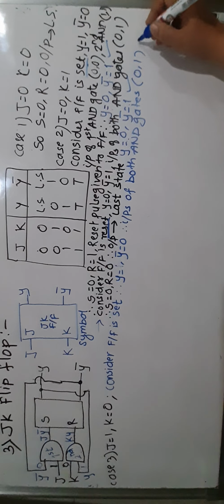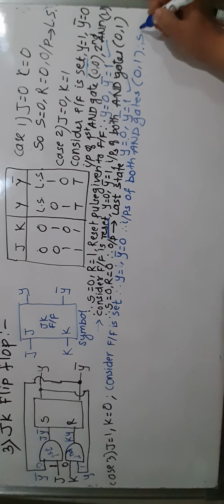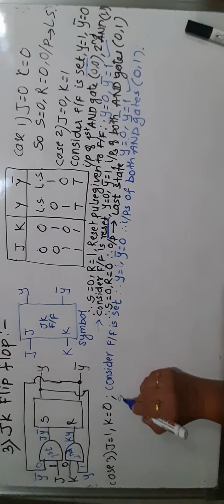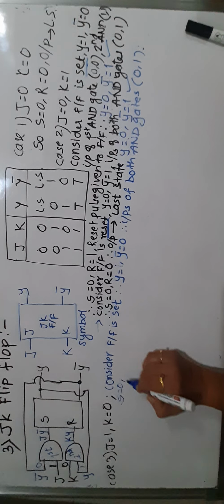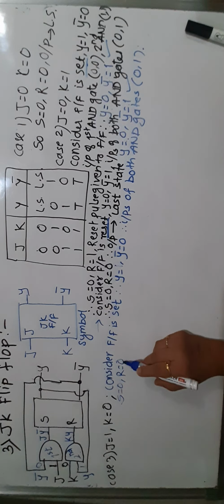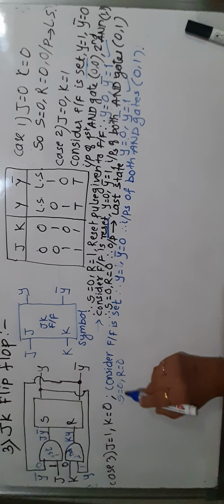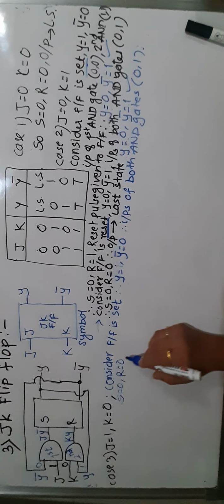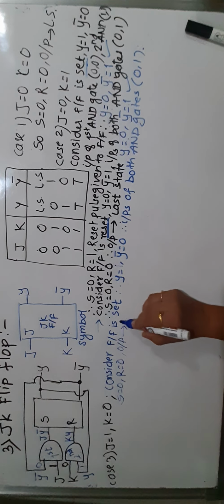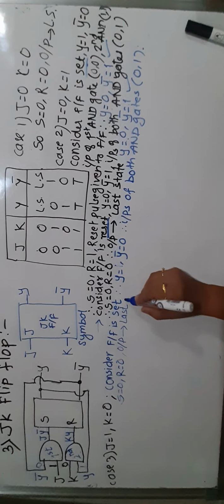So from this case we can see S equal to 0, R equal to 0. And we know in case of RS flip flop, if both S and R are 0, 0, output remains in last state.